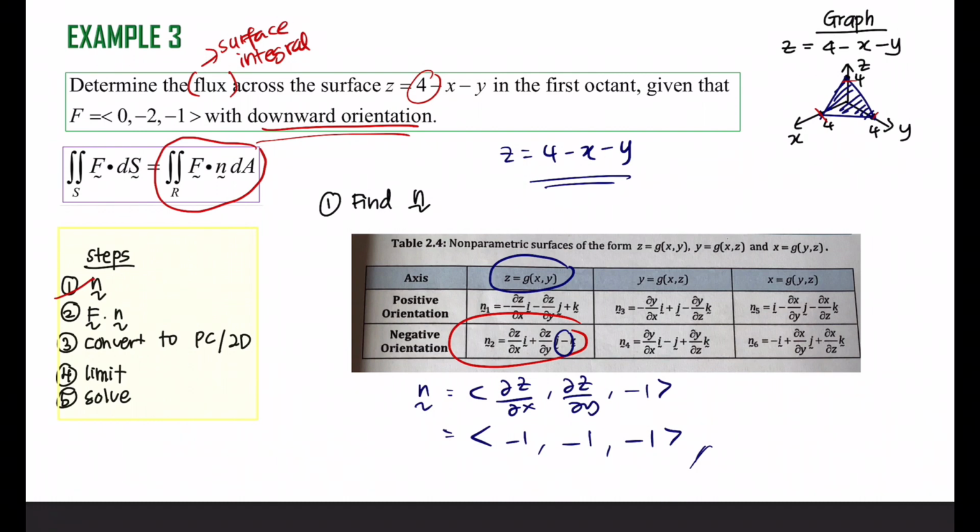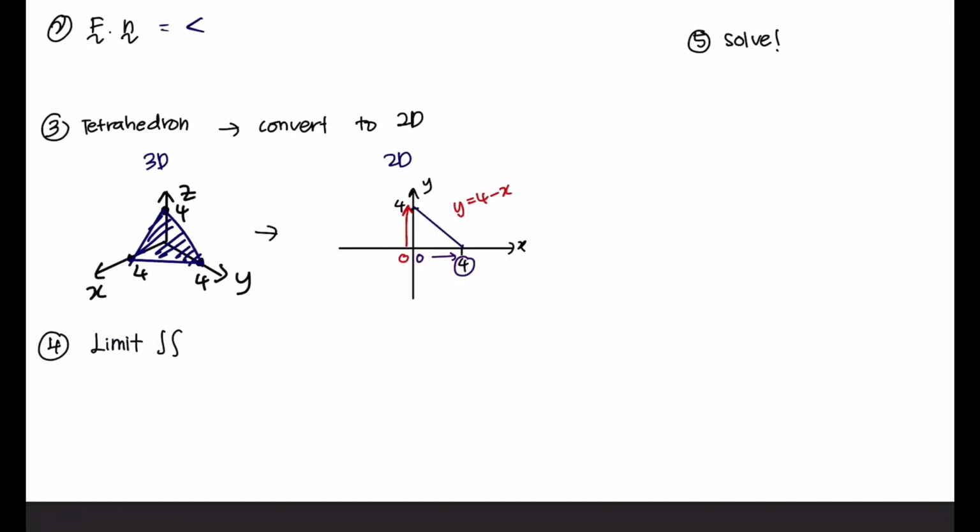Okay, step number 2, calculate the dot product of F and n. So F equals 0, negative 2, negative 1, dot product with n, where n is negative 1, negative 1, negative 1. 0 multiplied with negative 1 is 0.